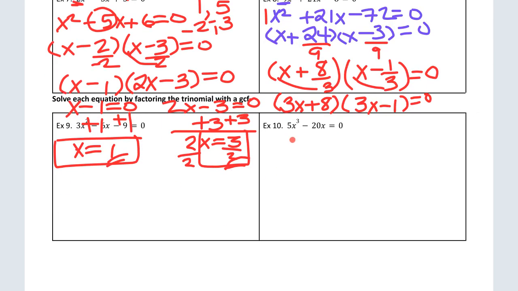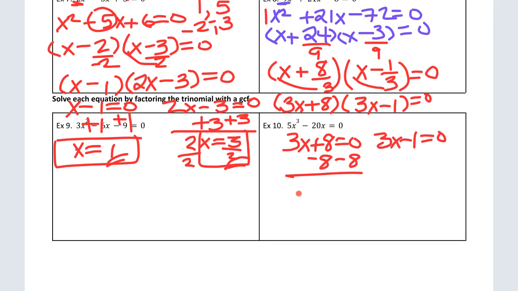Set each factor equal to 0. Then subtract 8. Divide by 3.